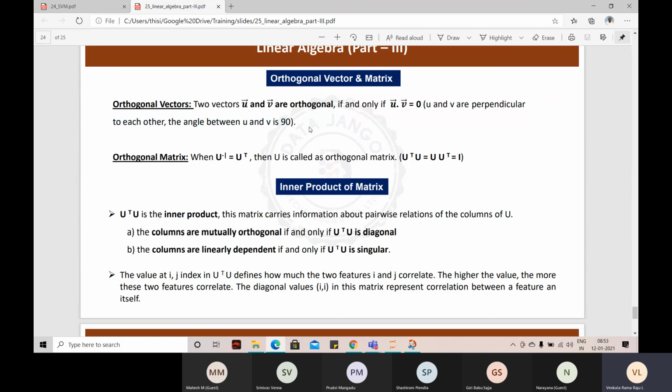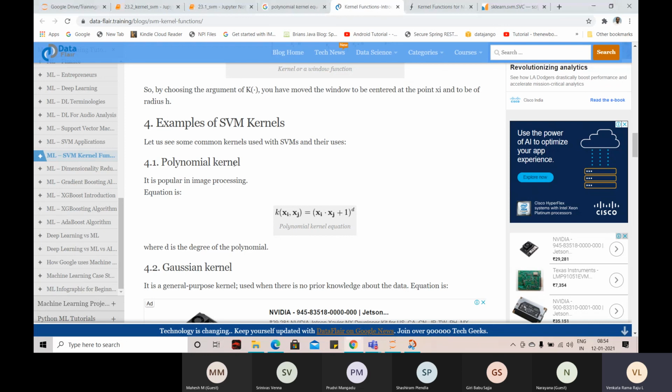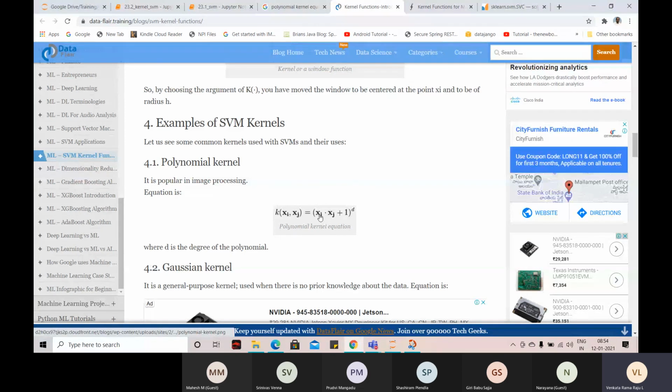When you are doing the polynomial kernel, if they are orthogonal, you get 0 value here, and only coef 0 to the power of whatever is going to be the value. So when two vectors are orthogonal, that means two rows are completely different.